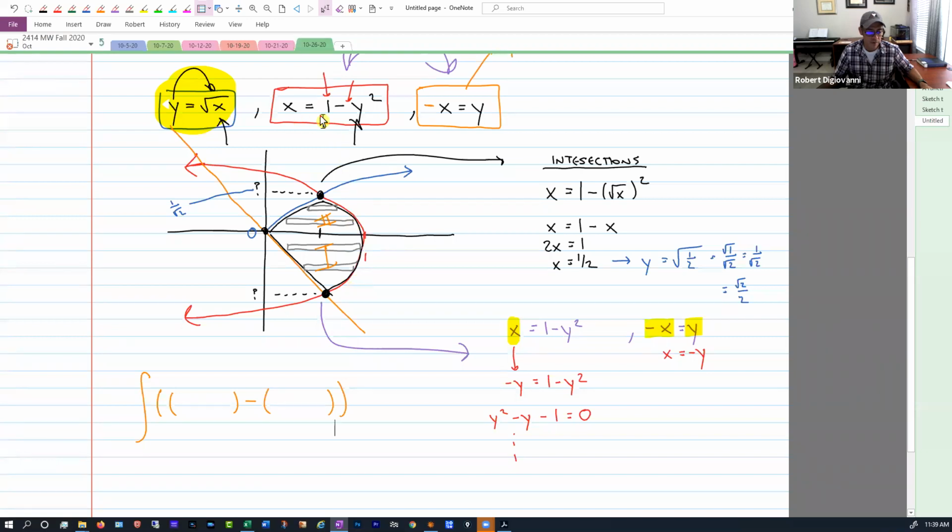Solved for x, which it is, so I put 1 minus y squared there. What is the curve on the left? So this is the right one. What about the left one? So what am I putting here? This is the orange one, right? Here's the equation for the orange. What am I putting in here for left then?